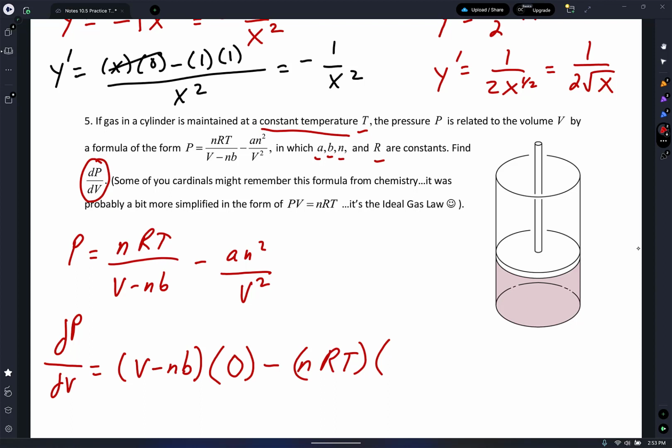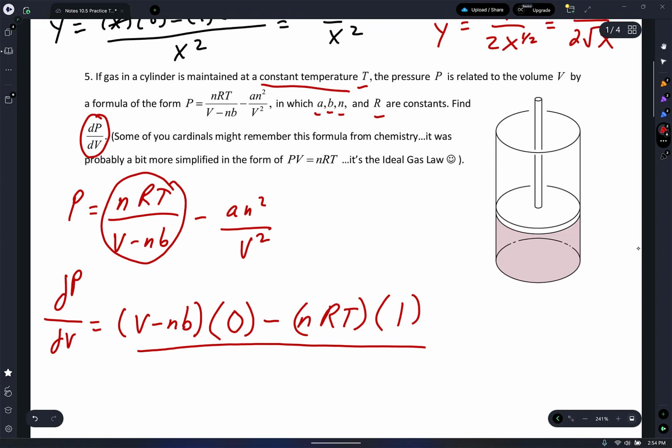The derivative of V is just 1, because it's with respect to V. It's like an x. The derivative of x is just 1. And then nb is a constant, so there it is. All over bottom squared. I'm just doing this first term right now.